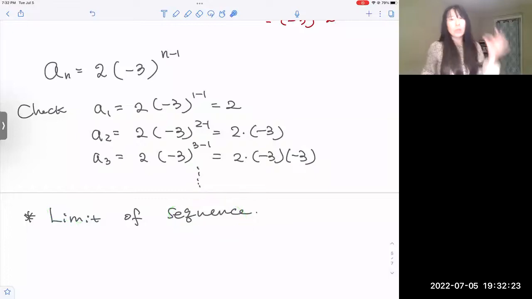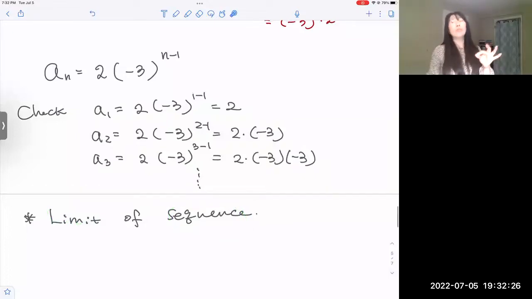A sequence is a function, but its domain is the positive integers instead of real numbers. Then we can just think of it the same as real numbers, and that is working perfectly fine as well. It's the same concept, all right? It's calculus 1.